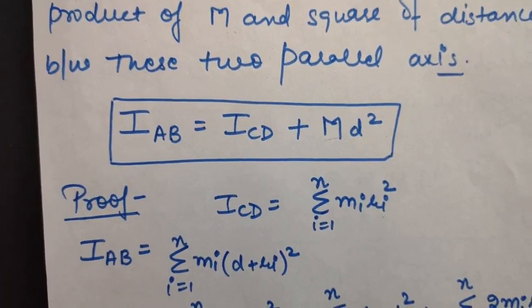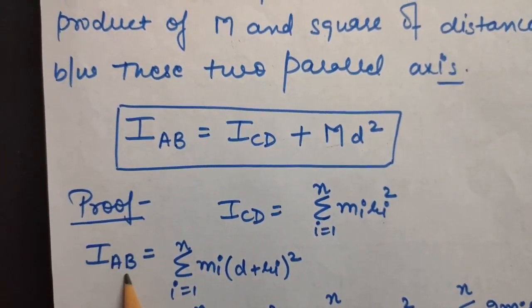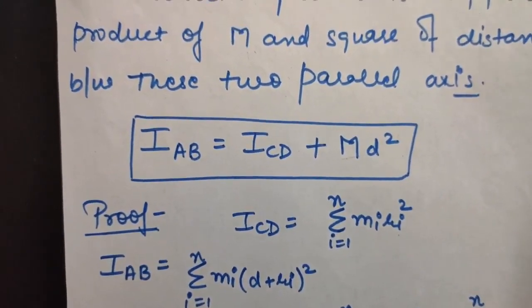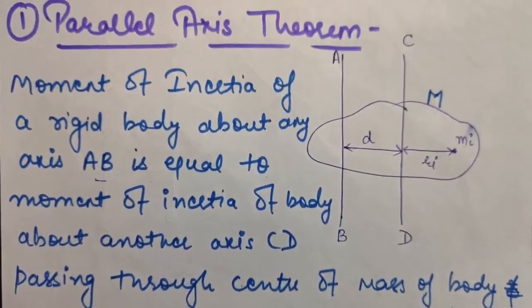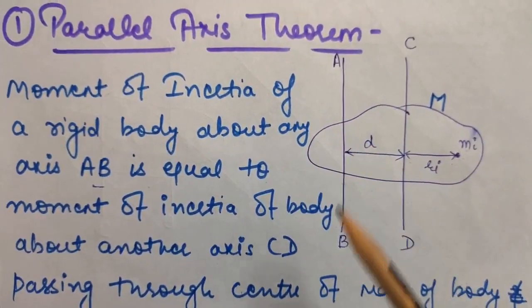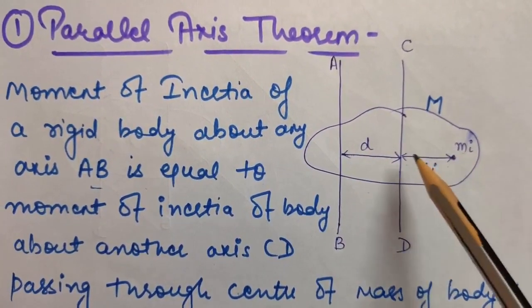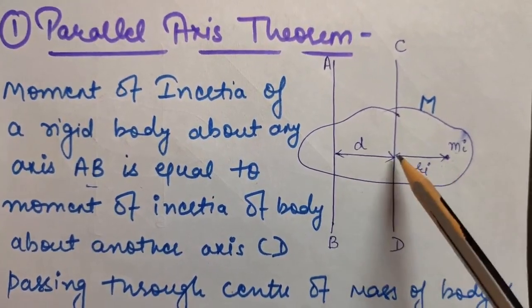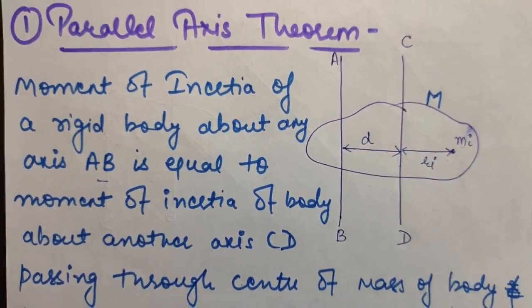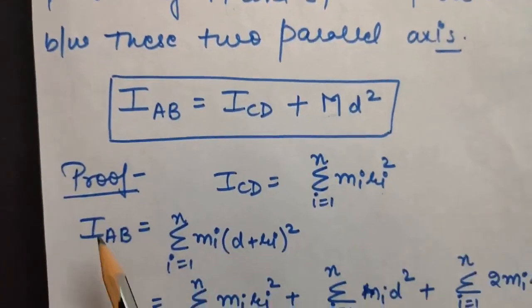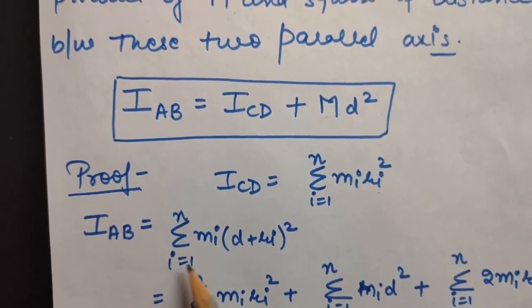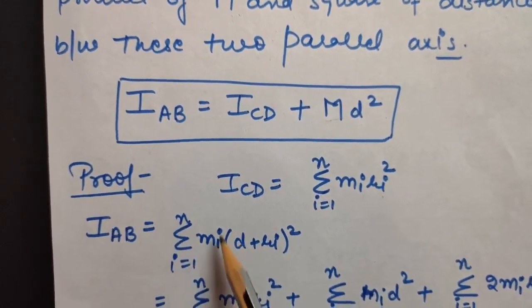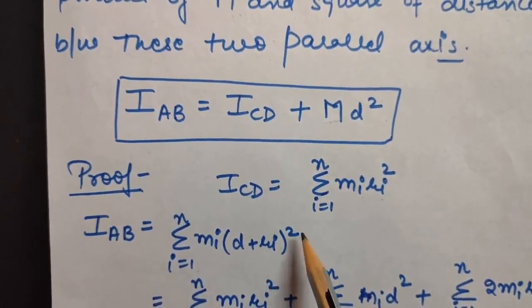Okay, now similarly to calculate moment of inertia of the body about the axis AB, again look here, about the axis AB, for this the distance of Mi is Ri plus D. From AB the distance of Mi is Ri plus D. So therefore moment of inertia about AB will be summation i equals 1 to n Mi into D plus Ri whole square.